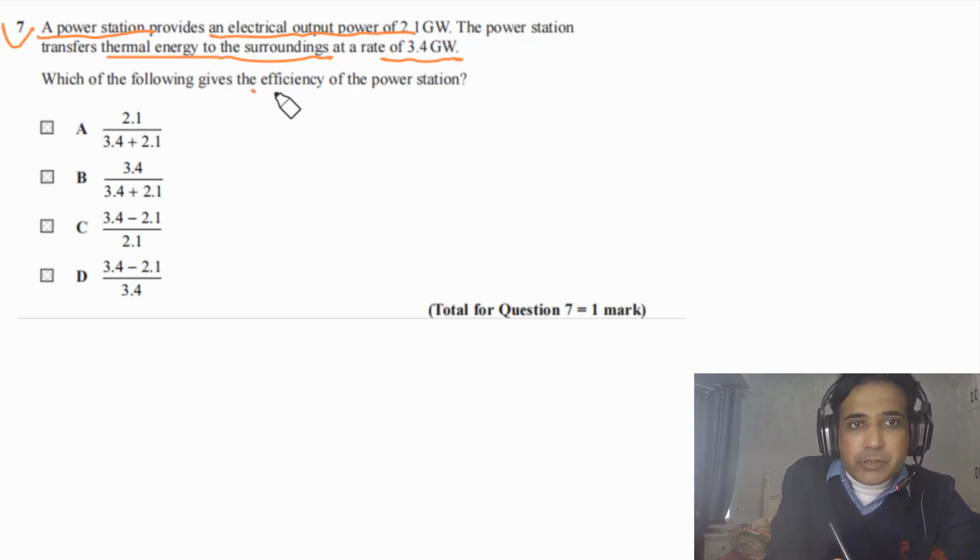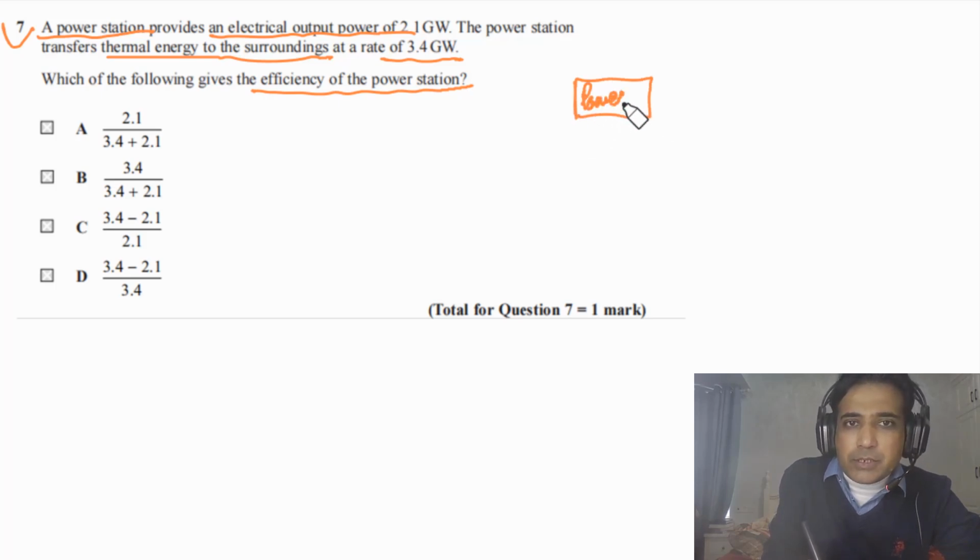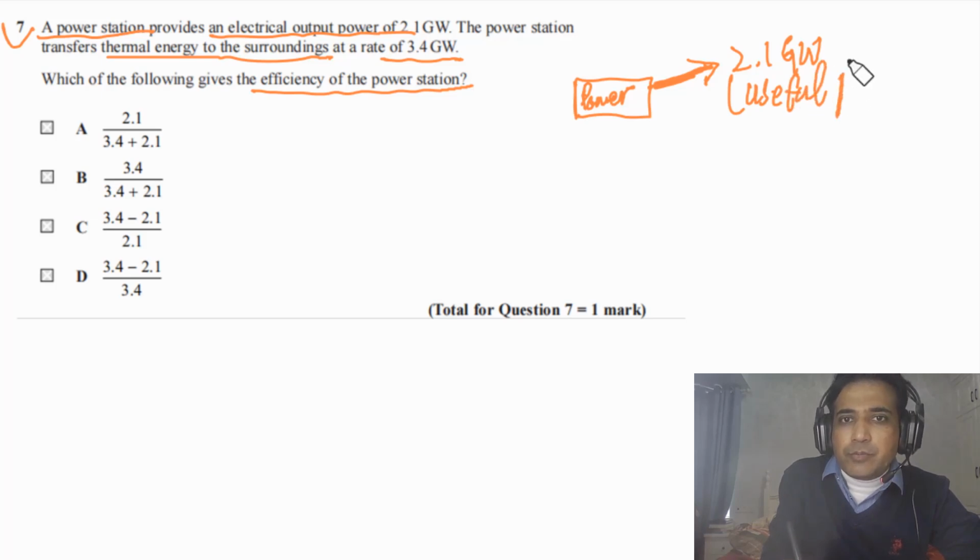Which of the following gives the efficiency of the power station? So in this case we have a power station. The useful power output is given to us, that is equal to 2.1 gigawatts. This is the useful P out.